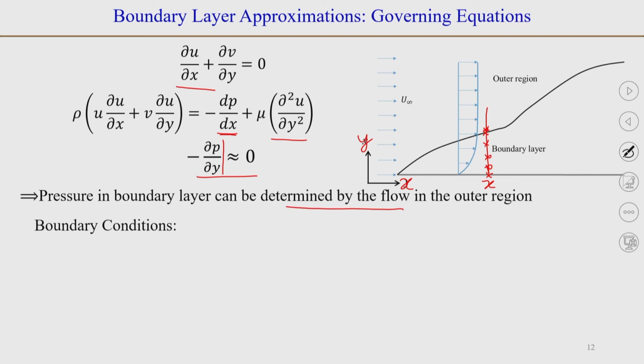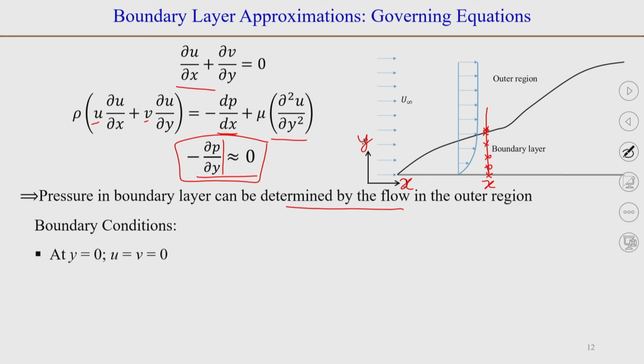Now, we will have unknowns u and v, because we can obtain pressure from the outer region. For these two unknowns, this equation is basically reduced, we do not need it anymore, because we have used it as dp/dx. So, we will have two equations and two unknowns in terms of u and v, and we will need the boundary conditions.